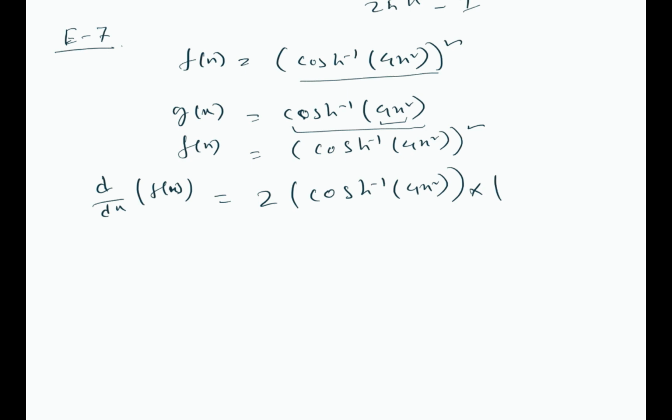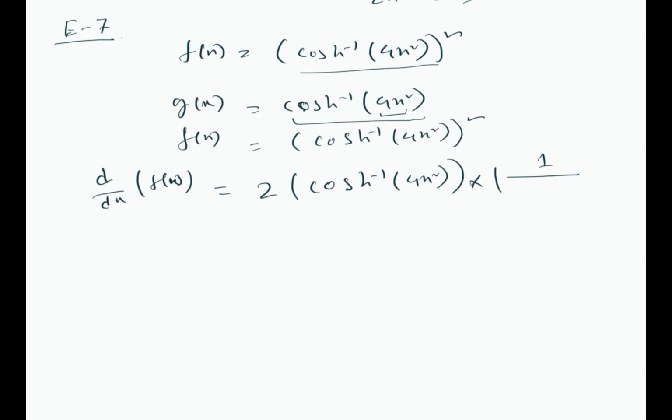So the derivative of the outer function, inverse hyperbolic cos of x, is 1 over the square root of x squared minus 1. So here our x is 4x squared, so (4x squared) squared minus 1, right?